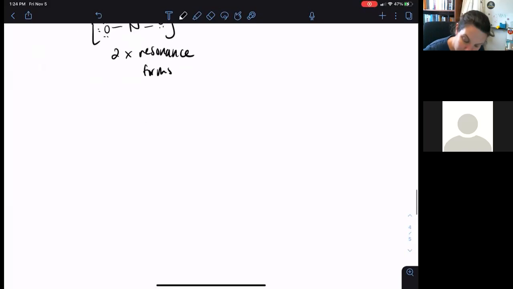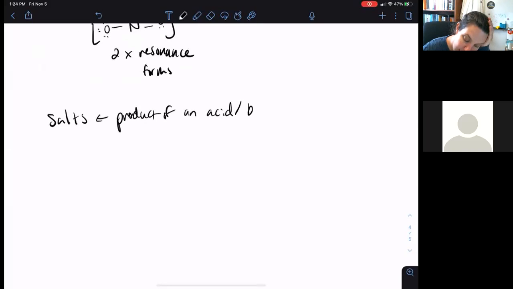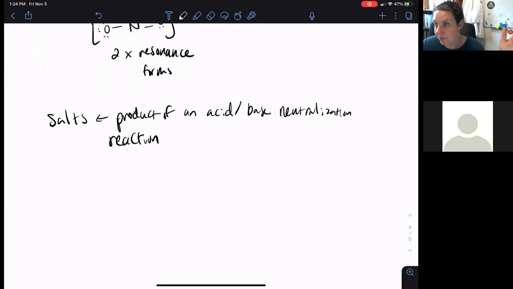Salts. So salts are the product of an acid-base neutralization reaction. Up to this point, we've been looking at just throwing these acids and bases in water.